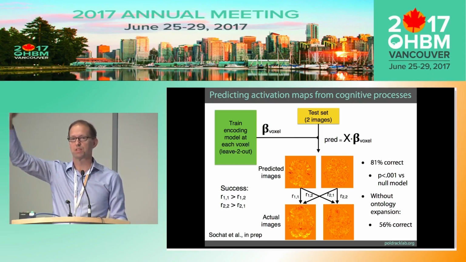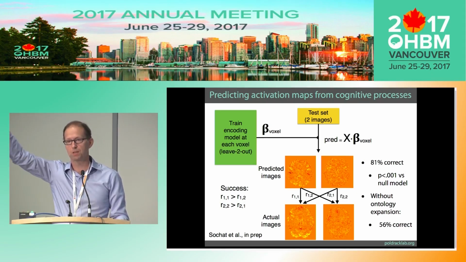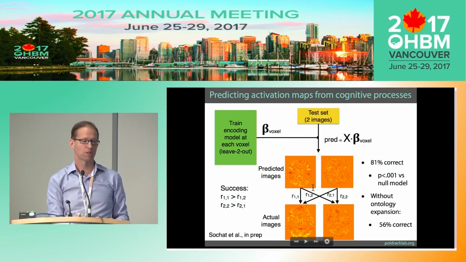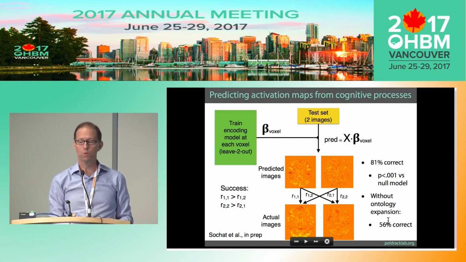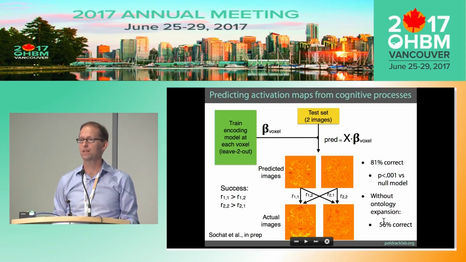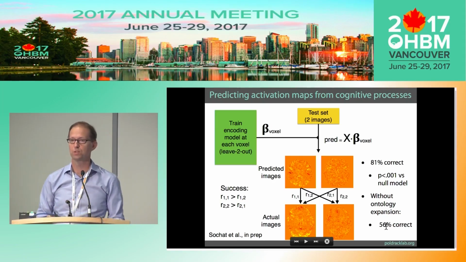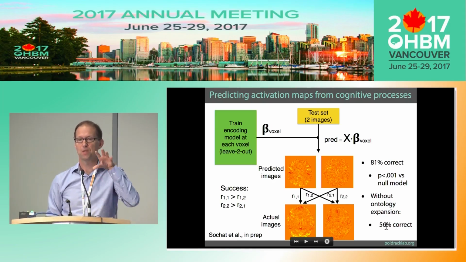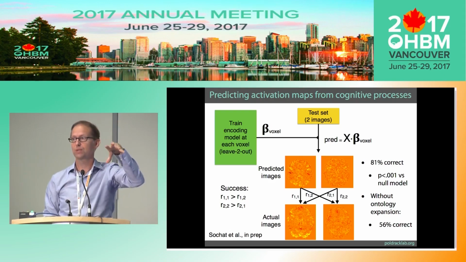And we know that visual perception is a kind of perception, so we also turn on perception in the model. So that gives us this relatively high degree of accuracy. If we don't do that expansion, if we only use the very specific terms that we said were going on in the task, then we still do above chance, because chance is 25% here, but we're only at 56%, so we're much worse at actually doing the task, suggesting that that hierarchical knowledge actually can help us.